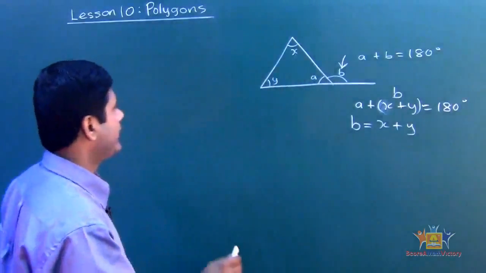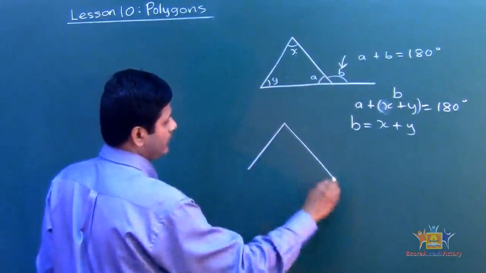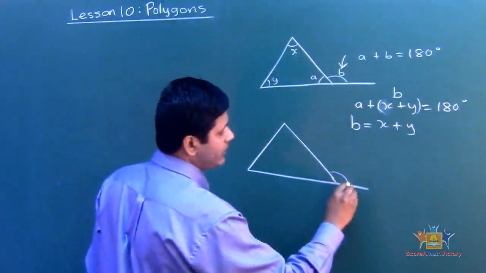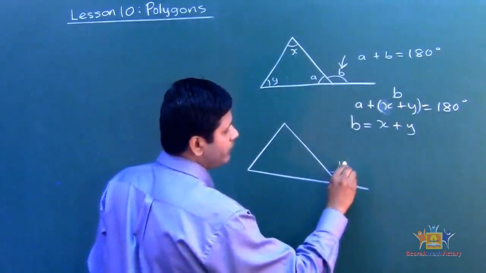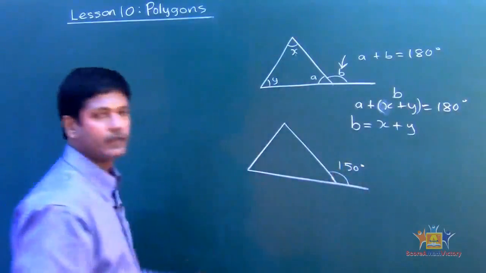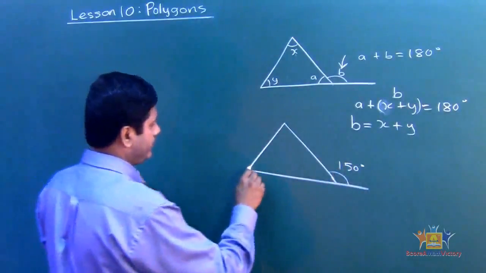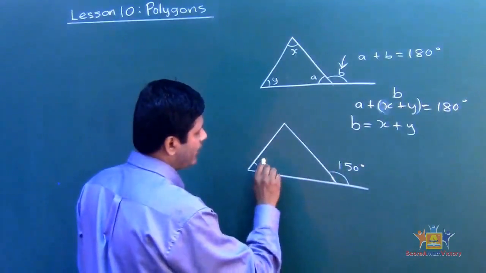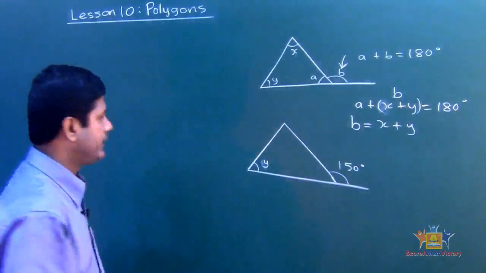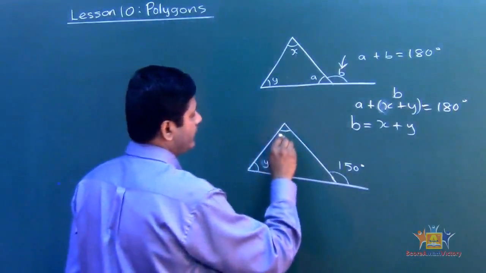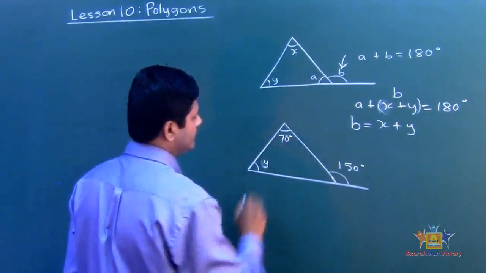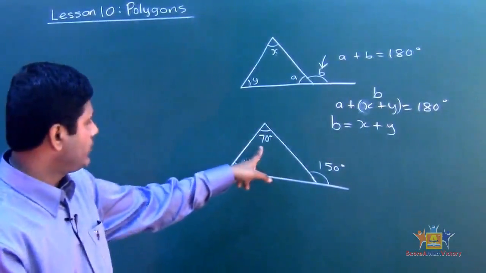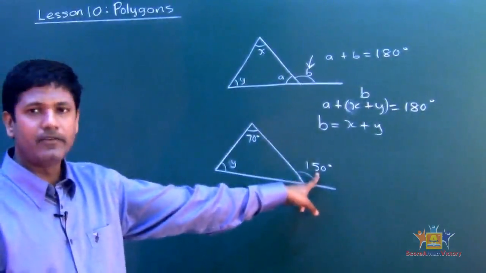Alright? So if I were to give you an example problem. I told you this one is 150, and I want to find this angle right here. Okay, let's say this is Y, and I gave you this one, let's say 70. So how do I find Y? I know this plus this is 150.